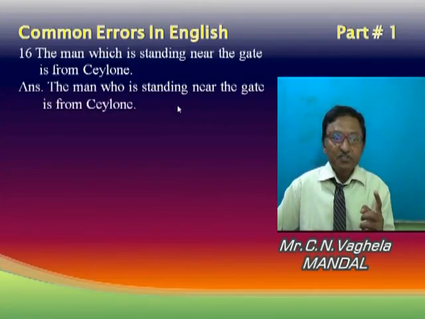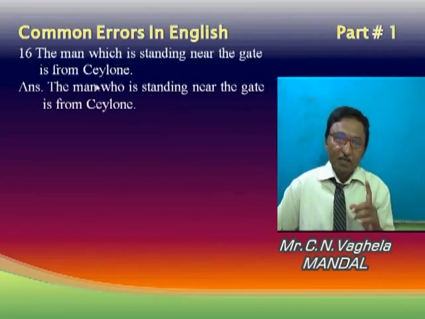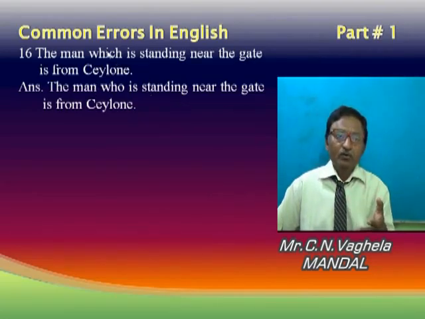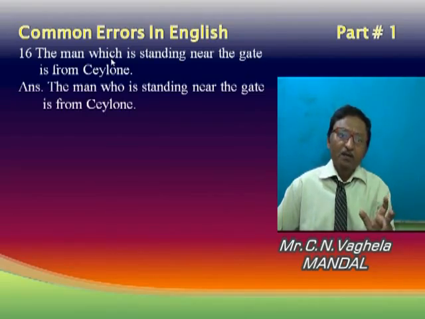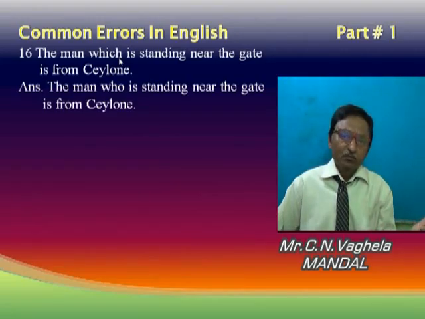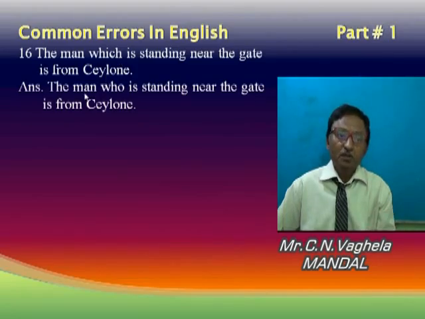Never use which for human beings. Which is used only for objects. Man is not proper here. We have to use another word which is only for birds, animals and lifeless things. Here the man is a human being, so we have to use the WH word who as a relative pronoun.